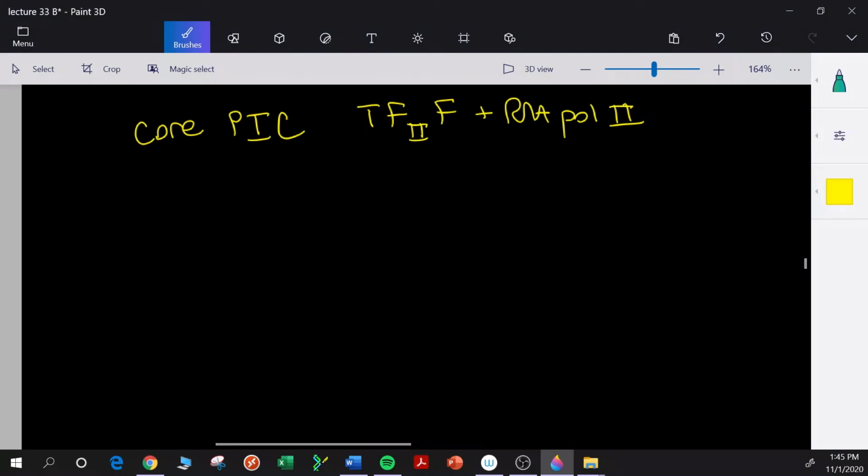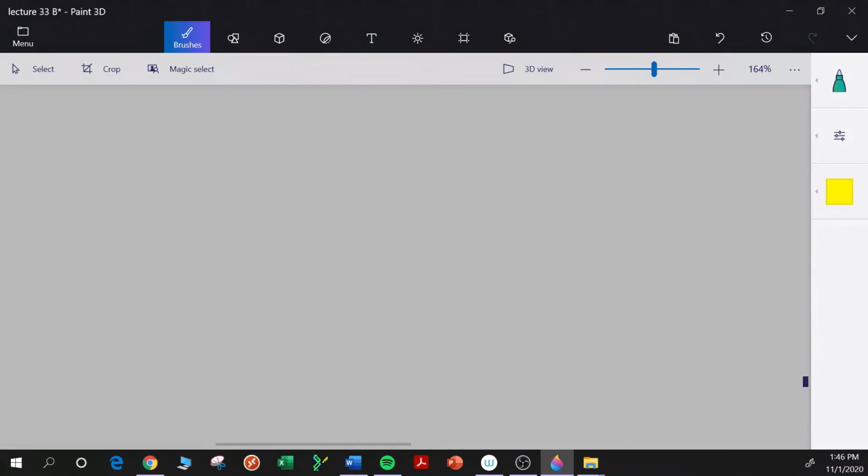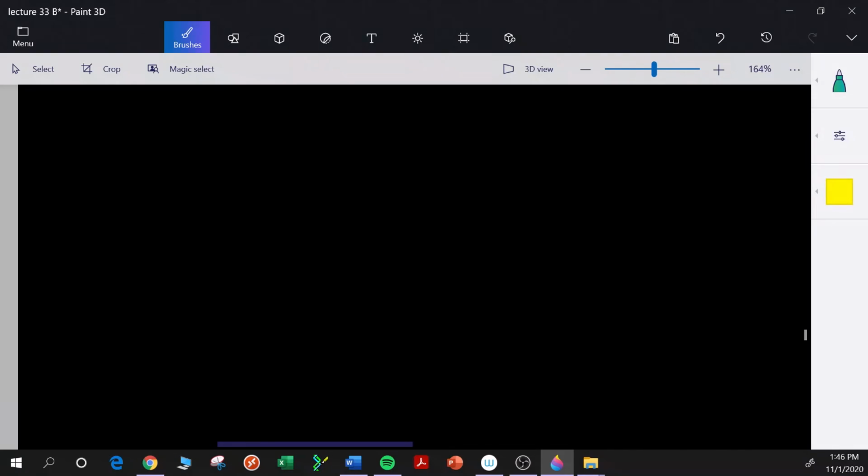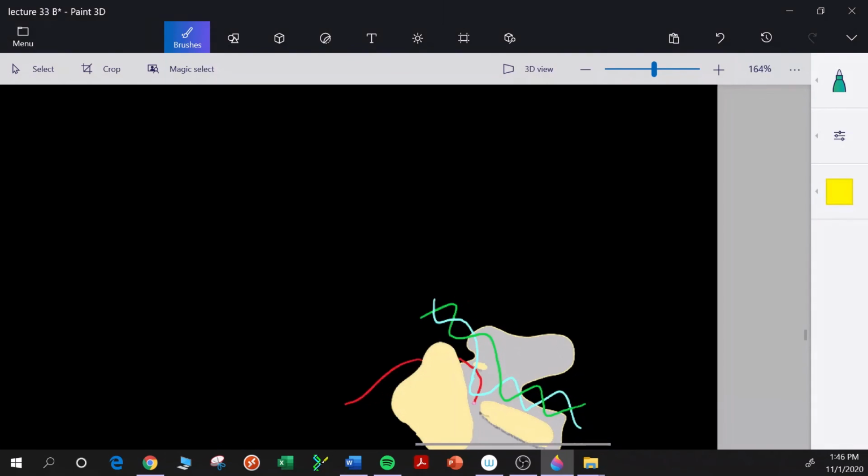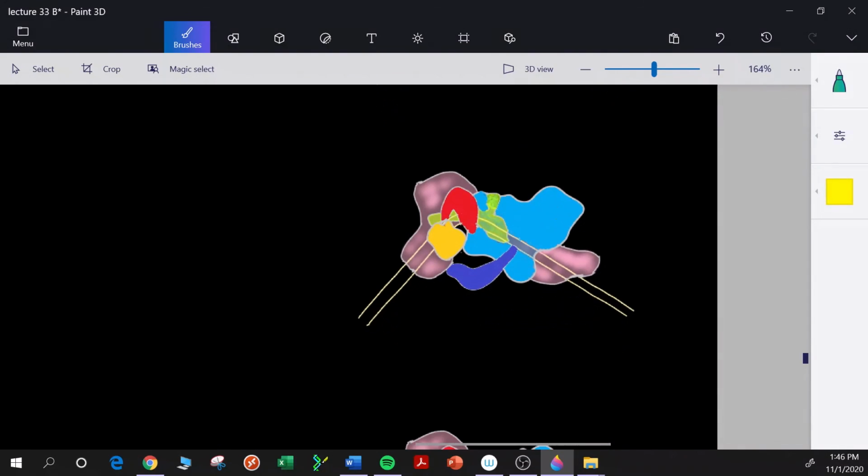TF2F binds polymerase 2 and helps position polymerase 2 on the promoter. Other roles and other interaction partners with TF2F are unclear, at least as of a couple of years ago. So let me copy that for us.